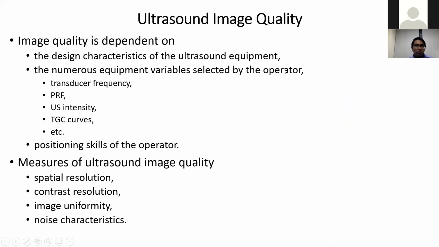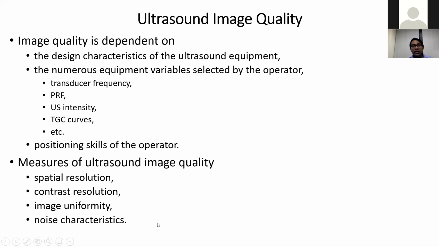So one way of comparing different modalities is what are the different metrics that we use. And for ultrasound, there are 3 or 4 main parameters that are used for determining the image quality. Those are spatial resolution, contrast resolution, image uniformity, and noise characteristics.